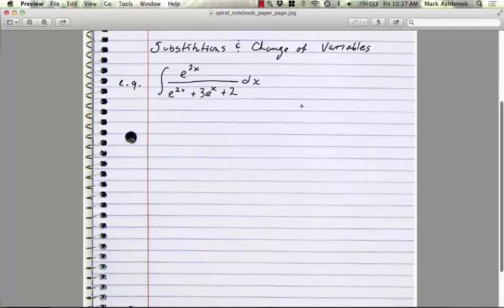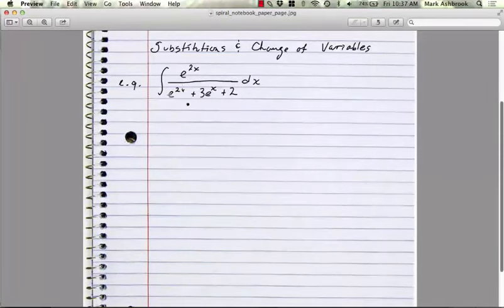If e to the 2x over e to the 2x plus 3e to the x plus 2. We can substitute u for e to the x. And what would the result be? u squared over u squared plus 3u plus 2.